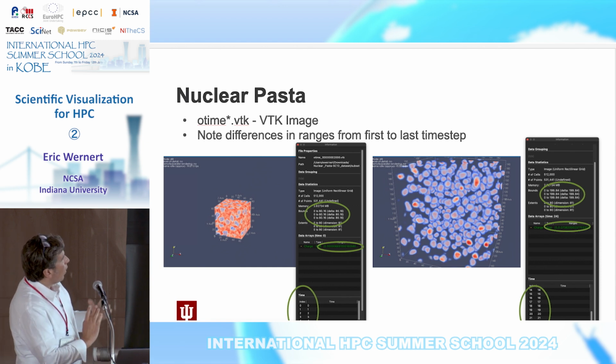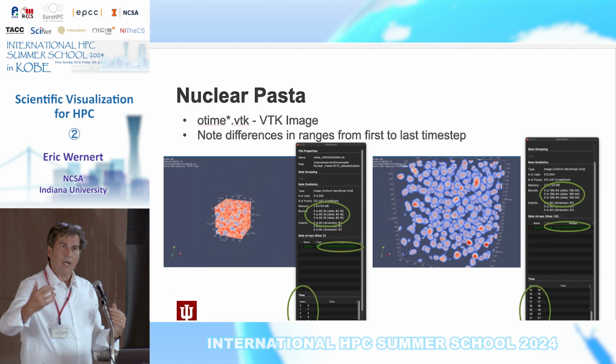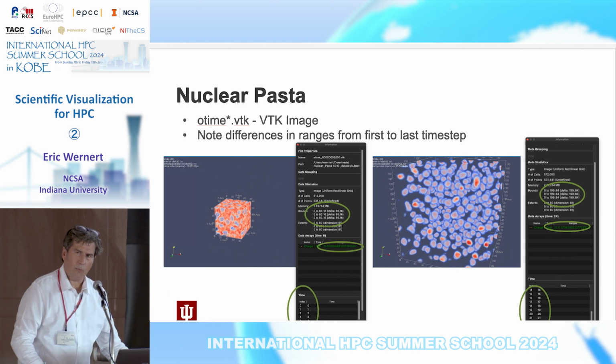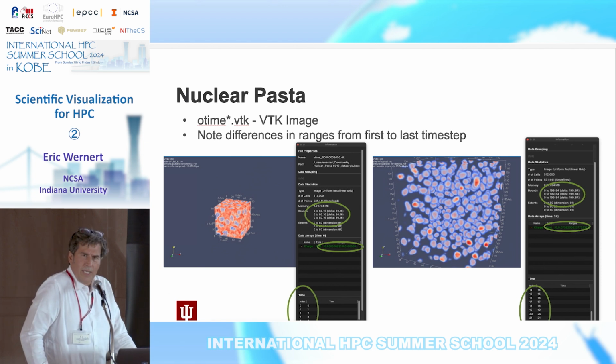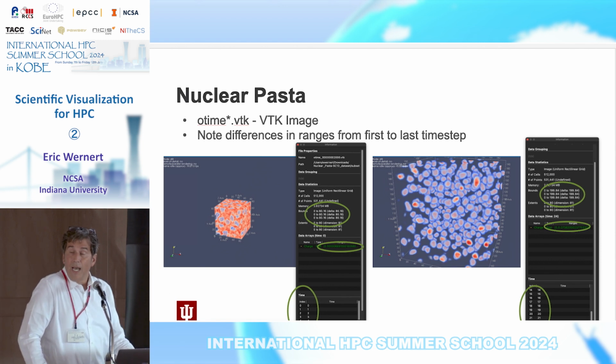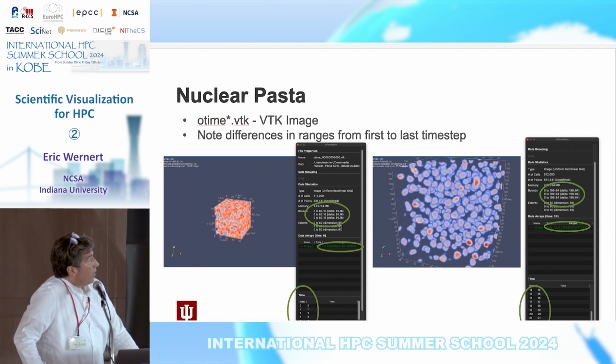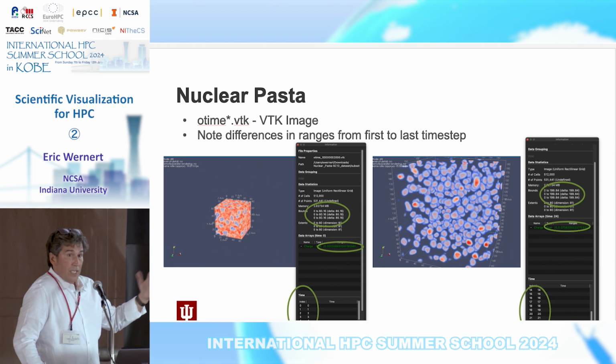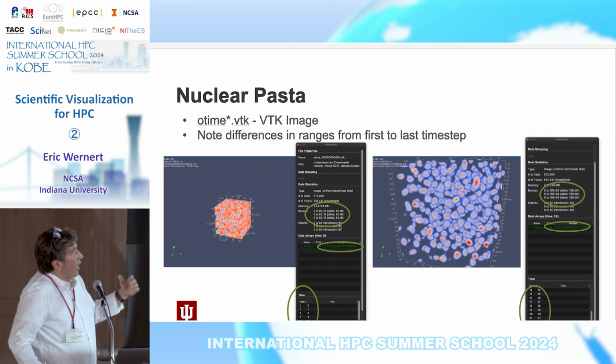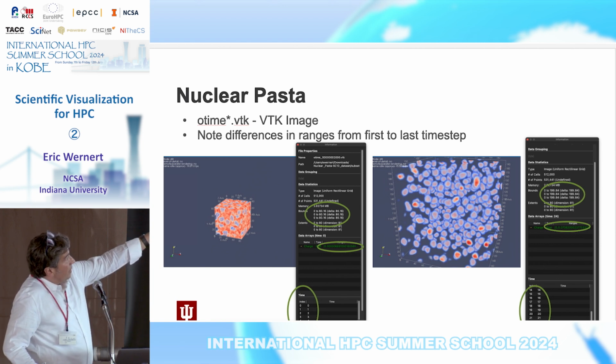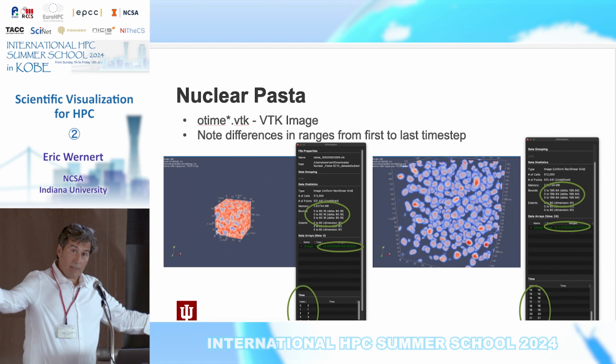One of the interesting things about this is, I think in the download, we gave you roughly 25 data sets or time steps out of what was thousands that they actually recorded. Just to give you a sense of what that looks like, the simulation expands over time.